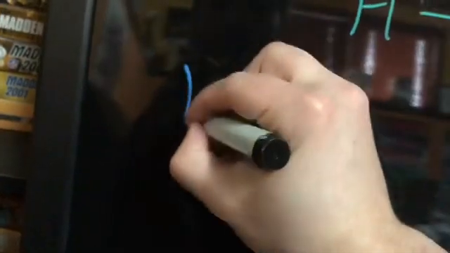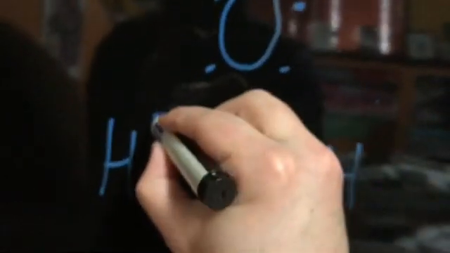Now we could also consider H2O. So hydrogens, they only need 1 more electron each, but the oxygen needs 2 more electrons. So what's going to happen is we're going to have our oxygen here with its 6 valence electrons, and our hydrogens here with 1 valence electron each.